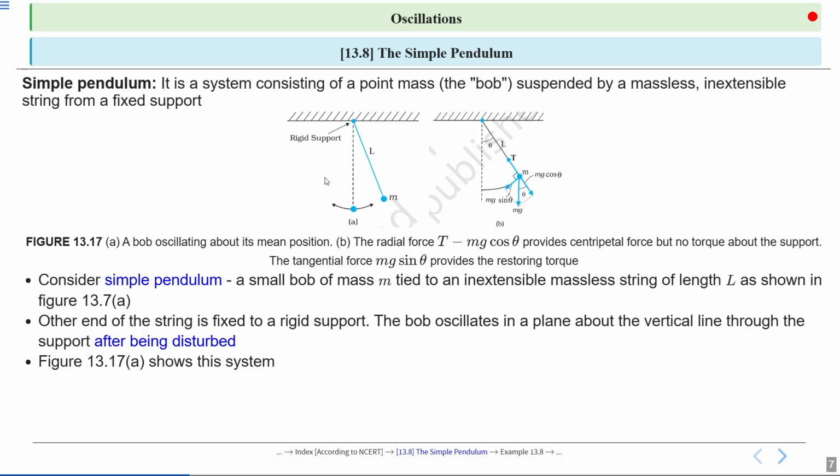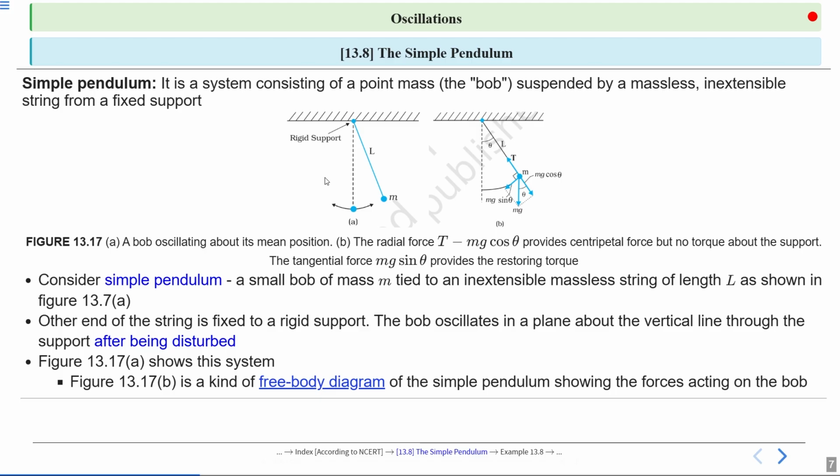Figure 13.17a shows this system. We will use this figure to understand the forces and motion involved. Figure 13.17b acts like a free body diagram for the pendulum. It shows all the forces acting on the bob, the tension in the string and the force of gravity.